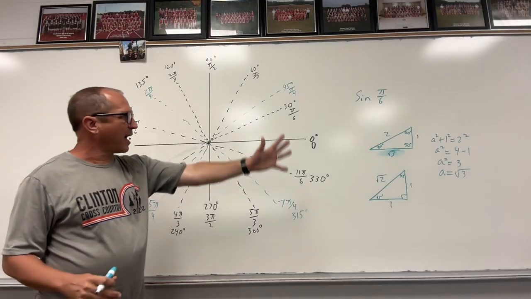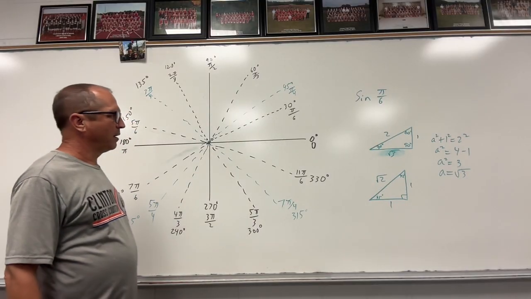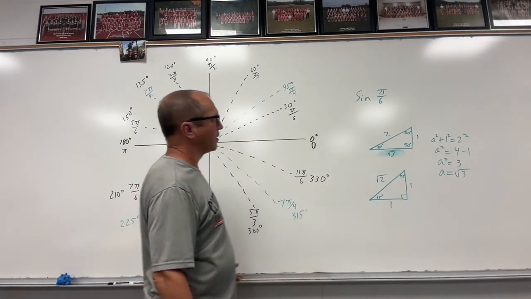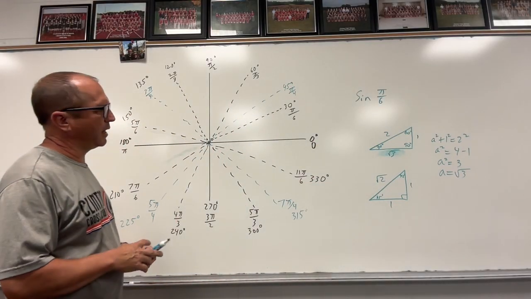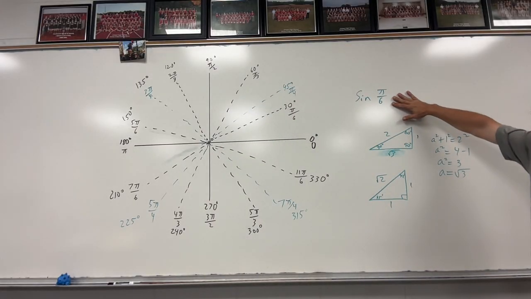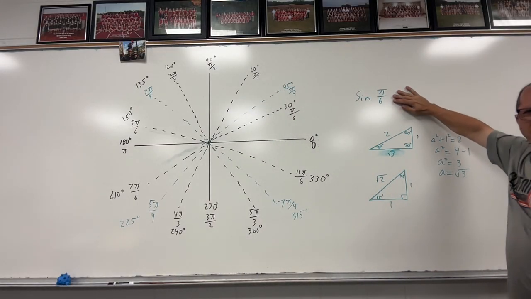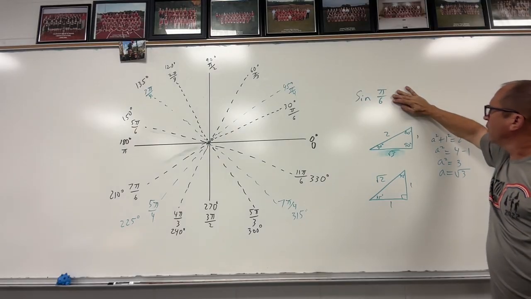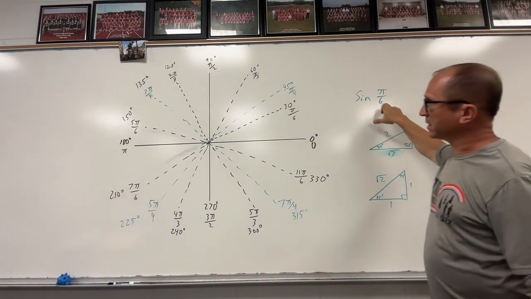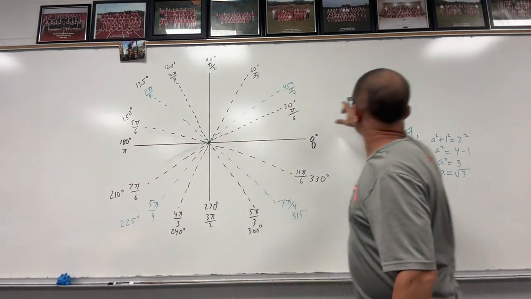So now we've got our 2 special right triangles set up. So what we can do here is now associate this. Okay, so we've got pi over 6. We need to know the sine of pi over 6. Well, I get to the sine of pi over 6, and I think, okay, 1/6 of 180 degrees is 30 degrees.